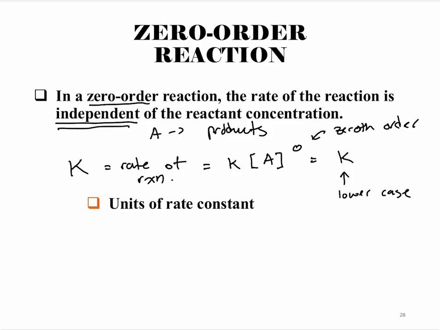Based off of this, what do you think the units of k have to be for a 0th order reaction? Lowercase k, the rate constant. What are the units of uppercase K?